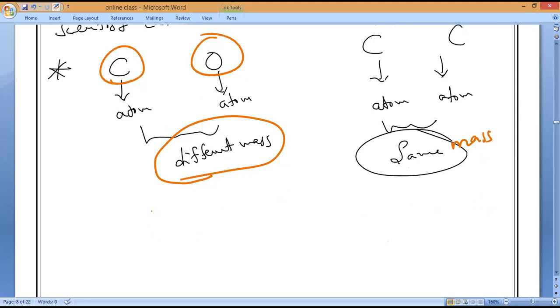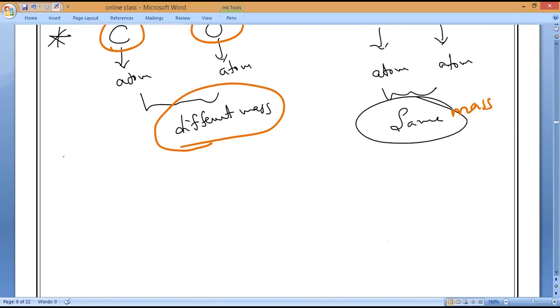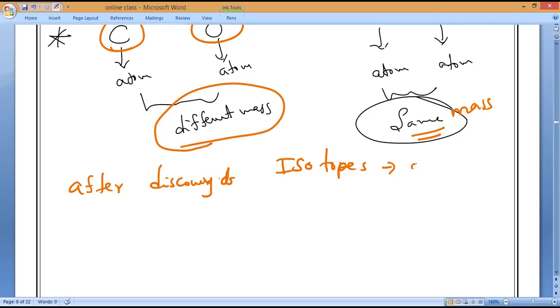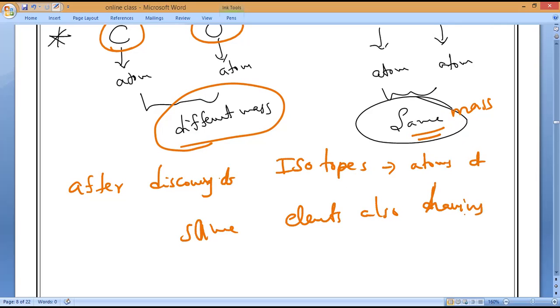But we'll study in the next chapter, after the discovery of isotopes, I will teach you what this is. Even the atoms of the same element also have different mass.